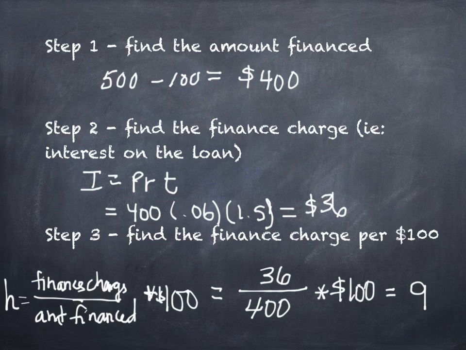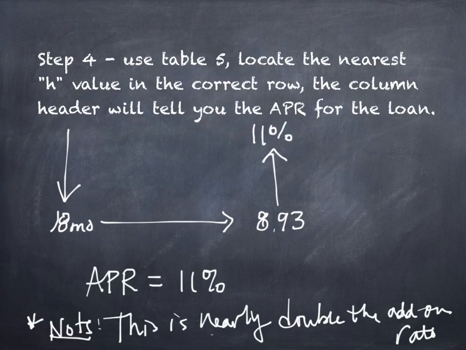Now, when we got that 9, we actually used that on the next part. So step 4 was using that table, page 707, and we went down the left-hand side of the table to find 18 months. We went across the row that was 18 months to find the value that was the closest inside of the table to 9. And that value was actually 8.93 on this particular one.